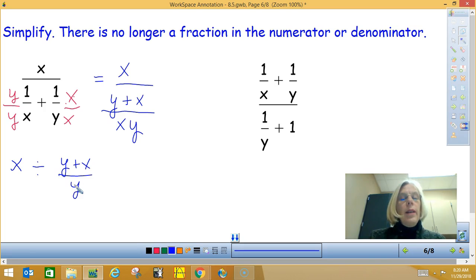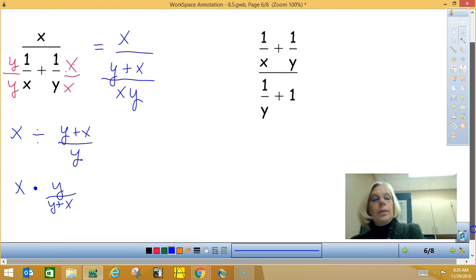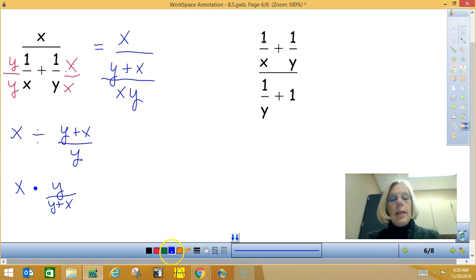When you divide, you multiply by the reciprocal of the number after the division sign. So this becomes x times y over y plus x. It might be helpful to think of this x as x over 1.